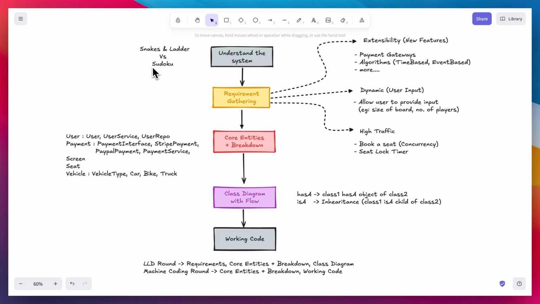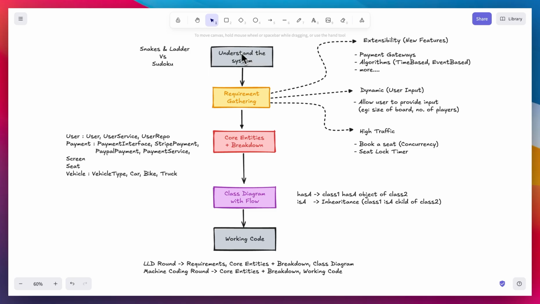And the chances of you having played Sudoku are comparatively less. So you might not know about Sudoku. Right. So if you don't know anything about Sudoku, then obviously you can't go to the next step. So that's the reason why we would always try to first understand the particular system briefly.